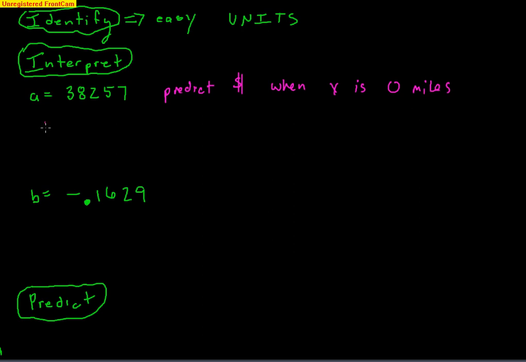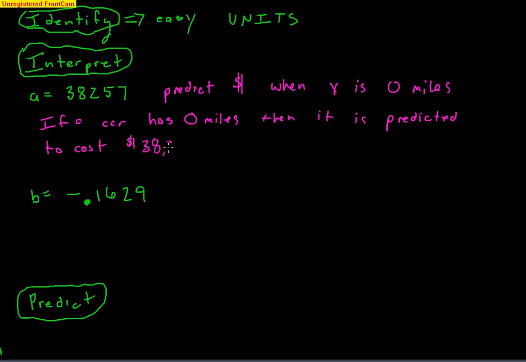So if a Ford F-150 has 0 miles, then it is predicted, and you need to always use that word predicted, never say it will cost, because you don't know that. This is just a model. It is predicted to cost $38,257. Don't forget my dollar sign there.